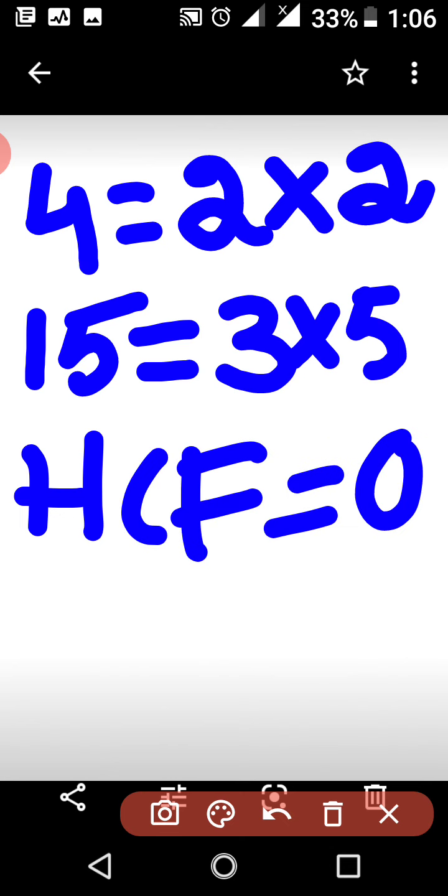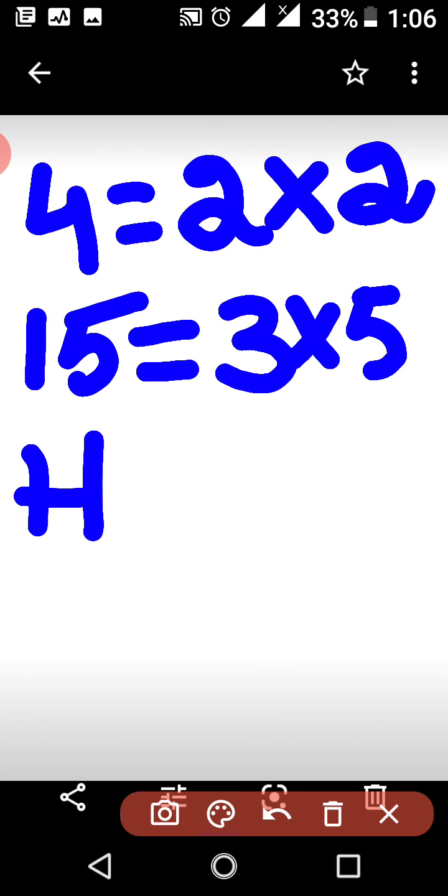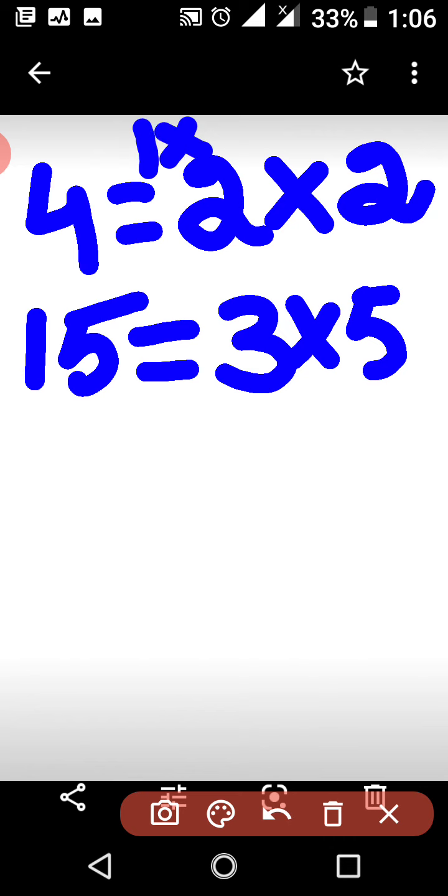This is wrong, because if you observe carefully, 1 is a factor for every number. So for 4 we can write 1 into 2 into 2, which does not change the value. In the same way, if you write 1 for 15 also, 1 into 3 into 5 is 15. Here also it does not change the answer. Why are we going to write 1 here?